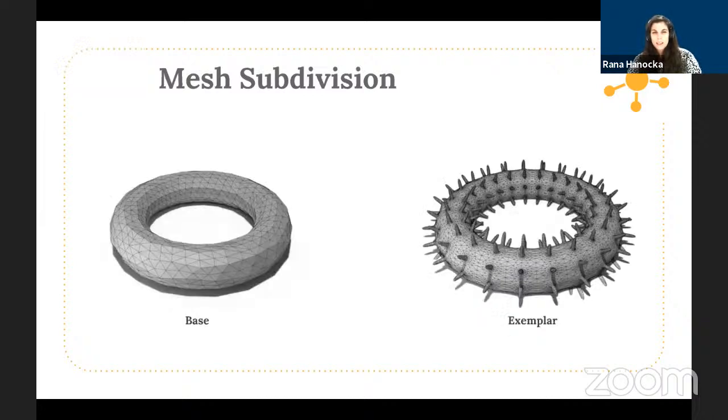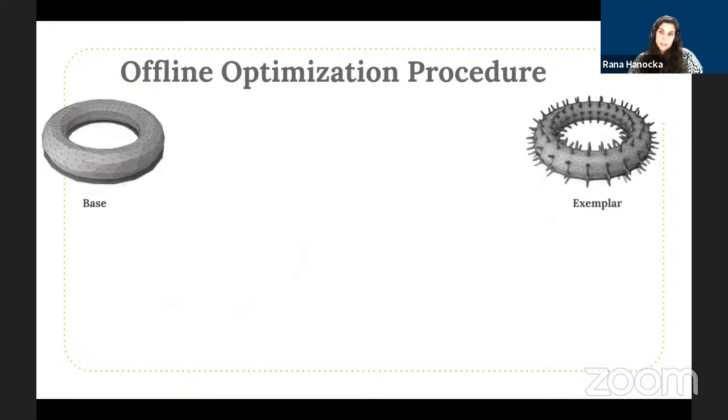But simply subdividing the base shape using midpoint subdivision will not produce the same connectivity as the exemplar. So for this reason, we remesh the exemplar such that this new triangulation is defined by a series of midpoint subdivisions over the base shape. Specifically, we create a series of progressive geometric textures via an offline optimization procedure.